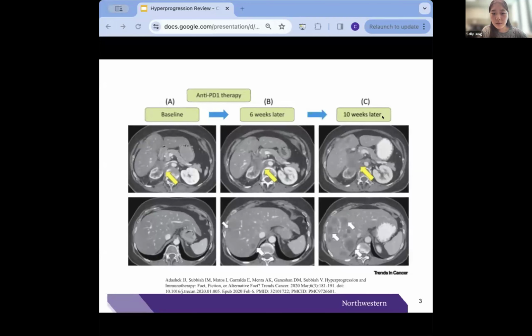And then C, a follow-up scan done 10 weeks after initiation of nivolumab, demonstrated an extensive increase in size of the mass and a significant increase in size and numbers of new hepatic metastases, confirming disease progression. So this is just one of the case studies that was reported.